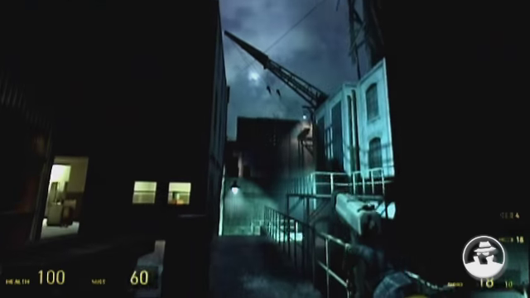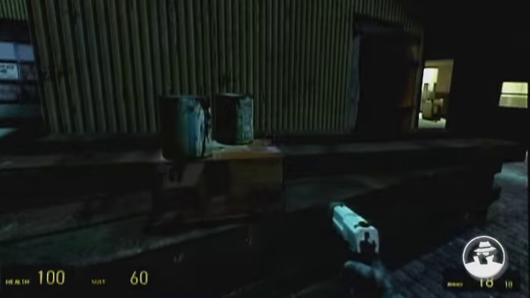Here we're in an old part of town outside City 17, one of the main locations in Half-Life 2.